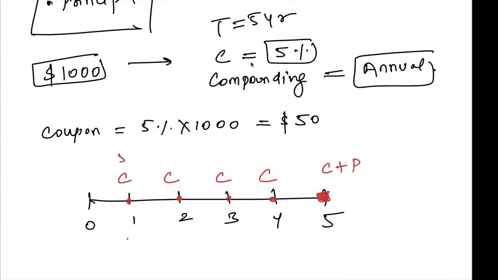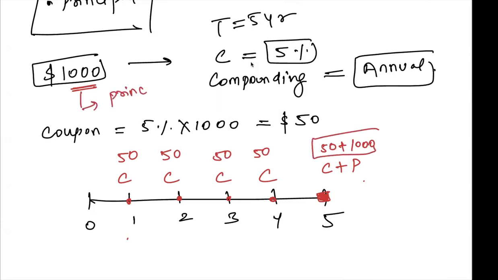Every year you'll get $50, which is your coupon, and at maturity you'll get your coupon plus your principal. Whatever money you have lent is your principal. Is this concept clear?